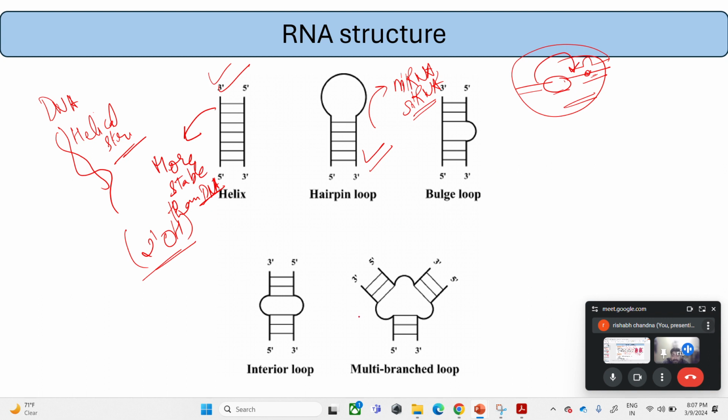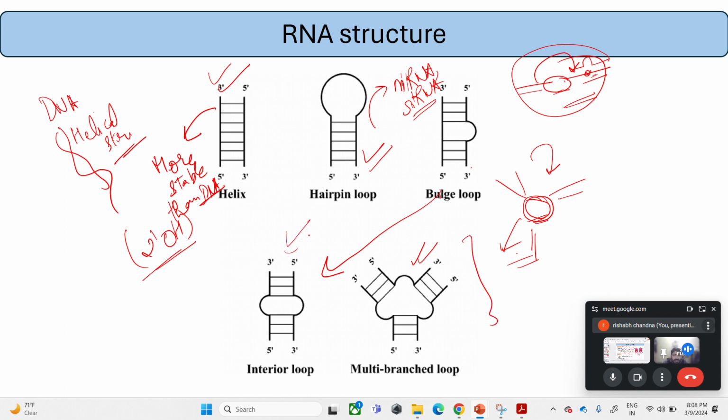And then comes the interior loop, a similar kind of loop to the bulge loop, where the bases are repelling each other, and then the multi-branched loop. So after folding upon itself, when the RNA has a large area that is not complementary, but the other regions are complementary, it forms the multi-branch loop. So these are the different secondary structures that scientists have found during their studies of RNAs.